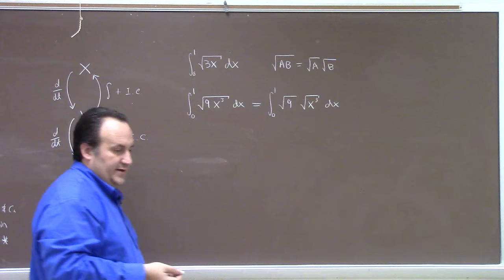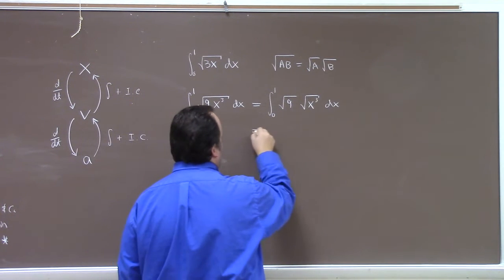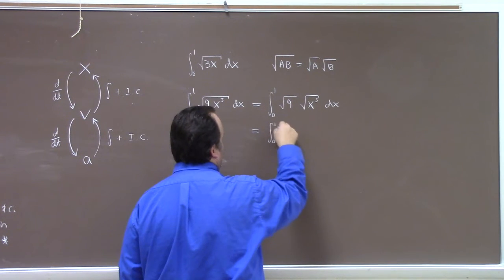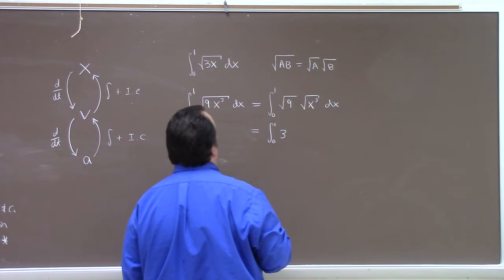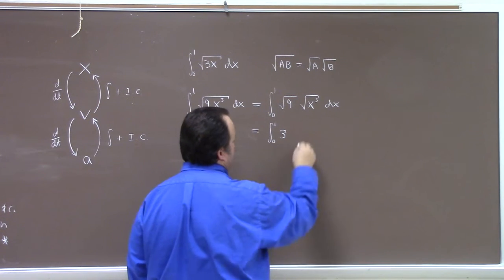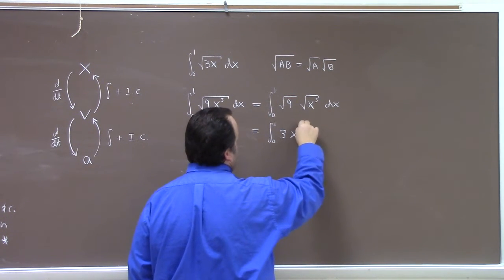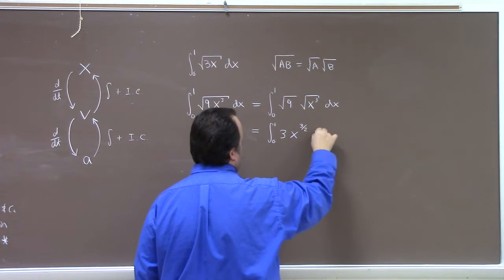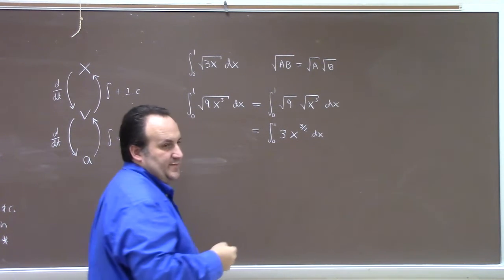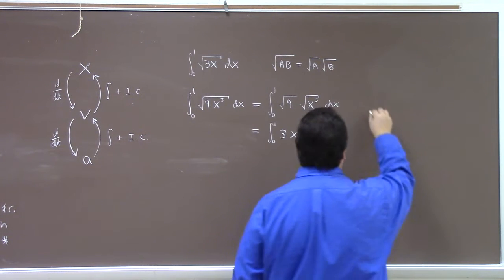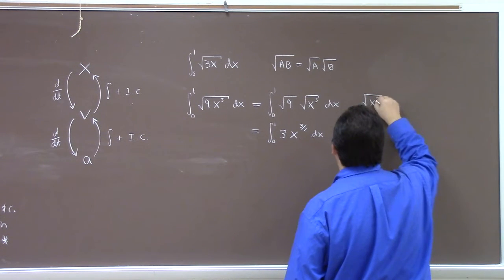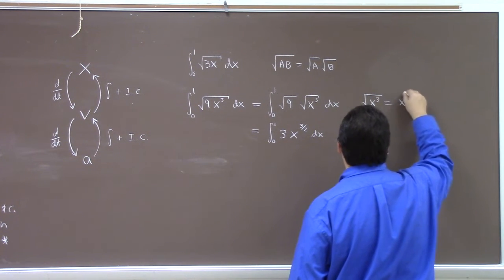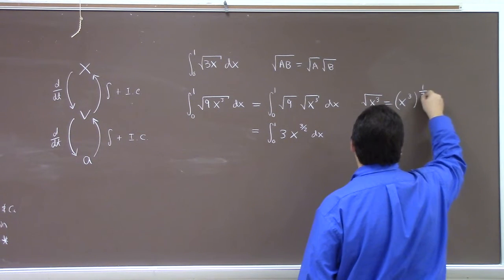Square root of 9 is 3, right? And that's x to the what? X to the 3 halves. You see, because remember, the square root of x cubed is x cubed to the 1/2 power, right?